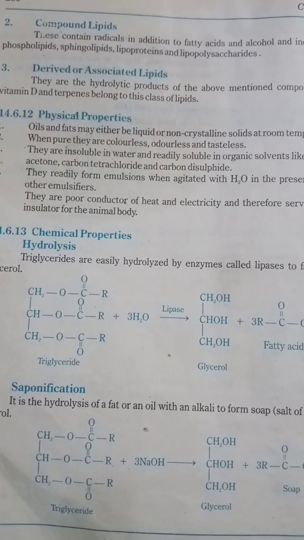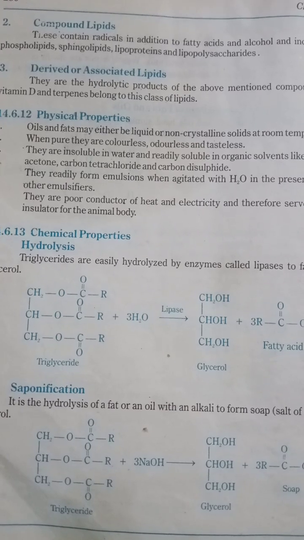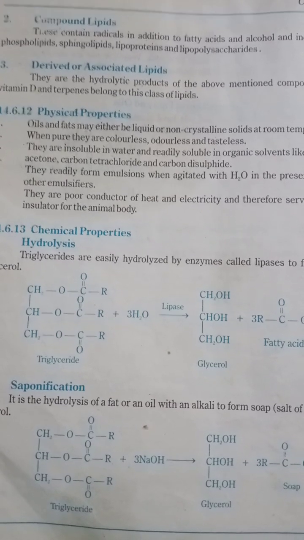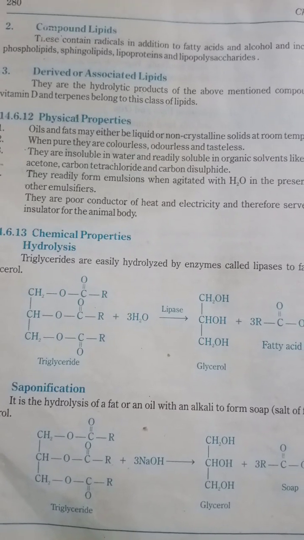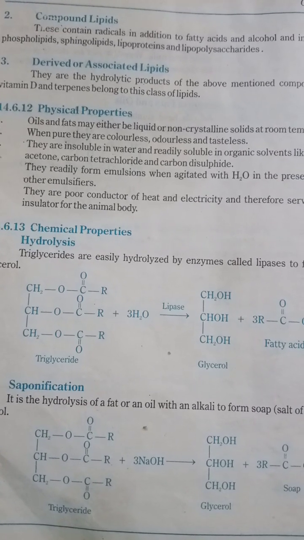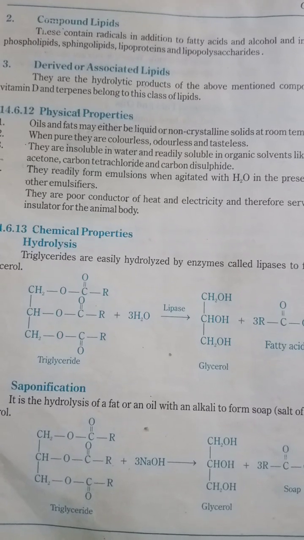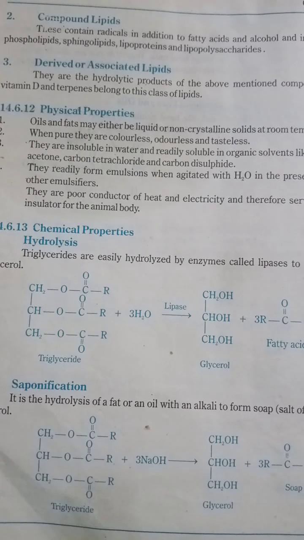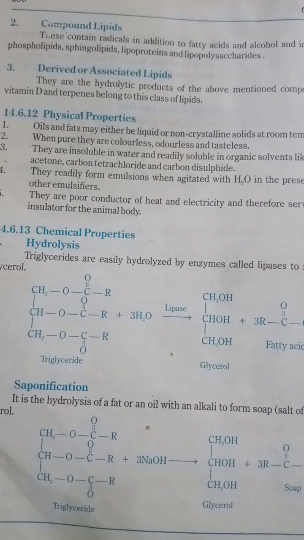They readily form emulsions when reacted with water in the presence of soap or other emulsifiers. They are also poor conductors of electricity, and an excellent source of insulation for our body.